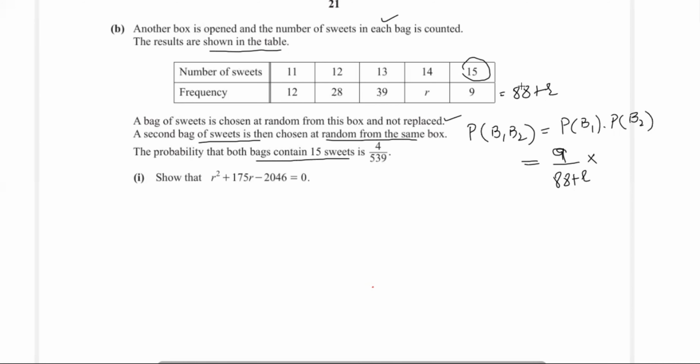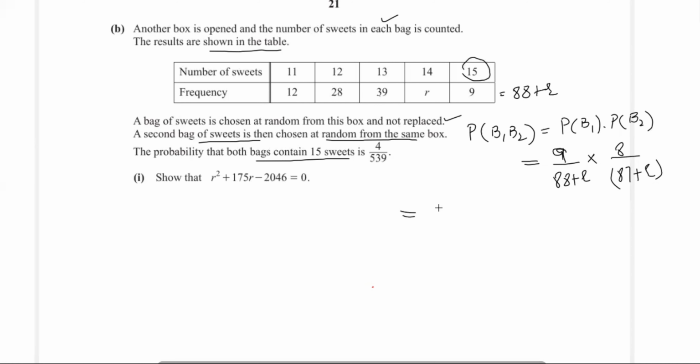Multiply, the remaining bags will be 8 because the bag will not be replaced. Therefore, 8 bags out of 87 plus R, because one bag is already chosen. Therefore, the total bags become 87 plus R.